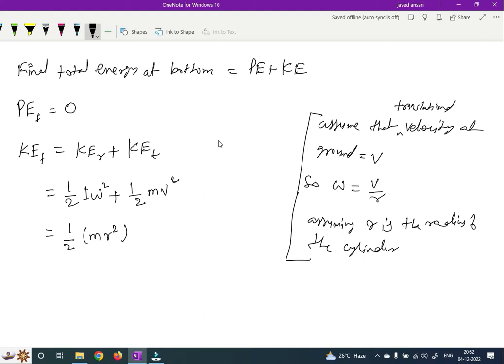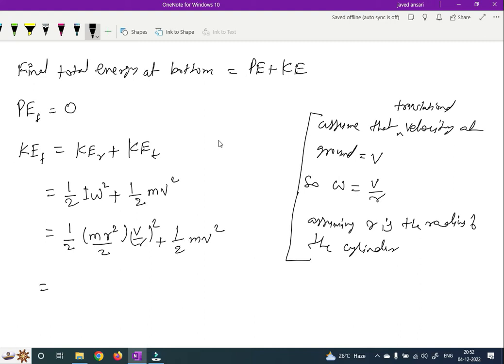So let's assume for now that r is the radius and it will go away. So half is already there, and I is half mr square, and then you have omega square. Omega we already know is v by r, squared, plus half mv square is the kinetic energy.